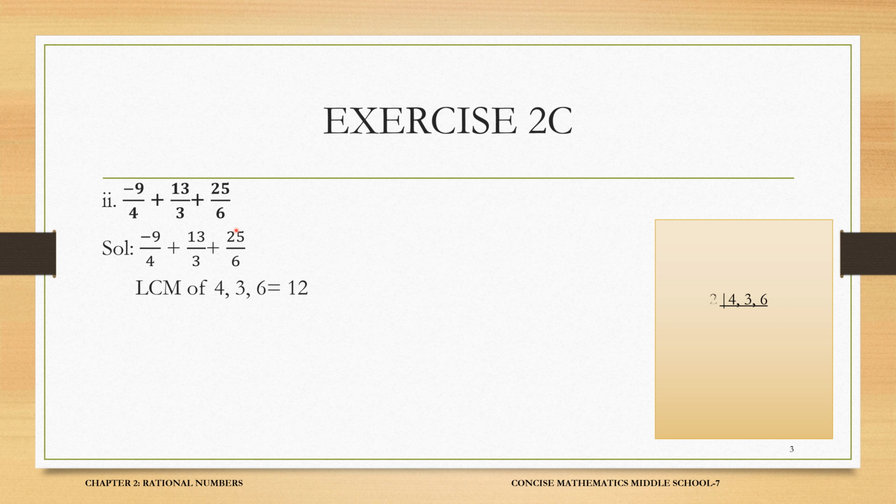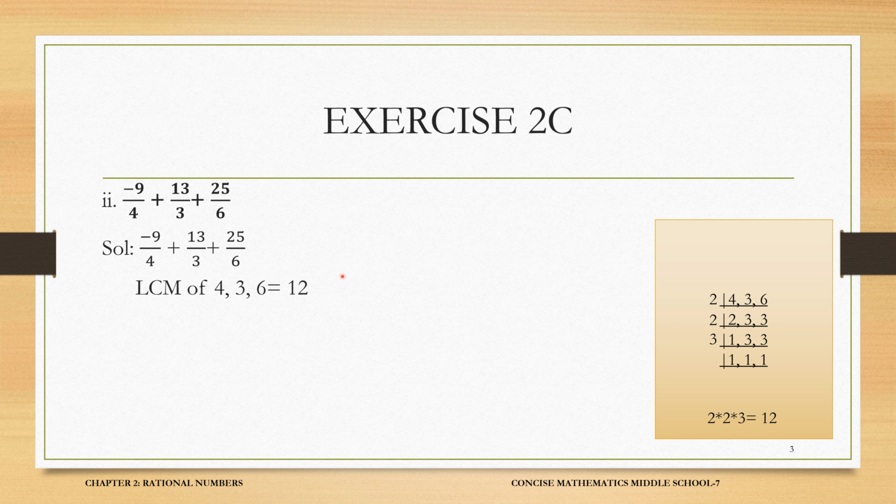Start dividing with the least number. 2 2s are 4. 3 you can write down as it is. 2 3s are 6. 2 1s are 2. 3 and 3 you can write down as it is because 3 is not divisible by 2. Again start with 3, 3 1s are 3. Now just multiply 2 into 2 into 3, that is 12. This is how we got the LCM of 4, 3 and 6.